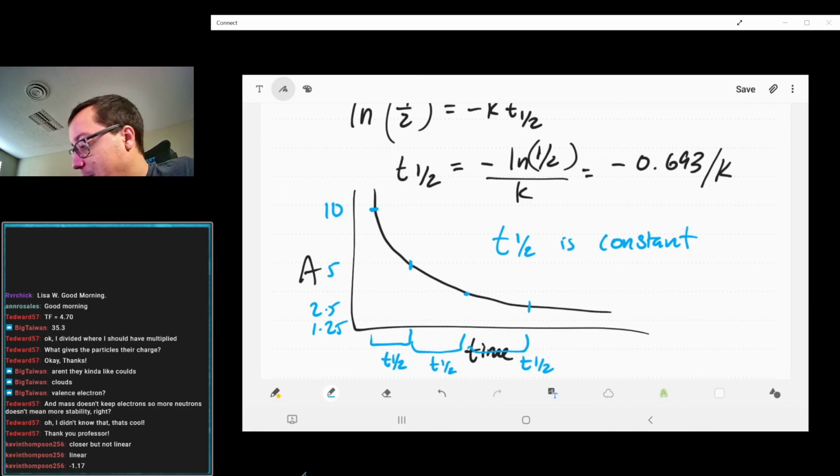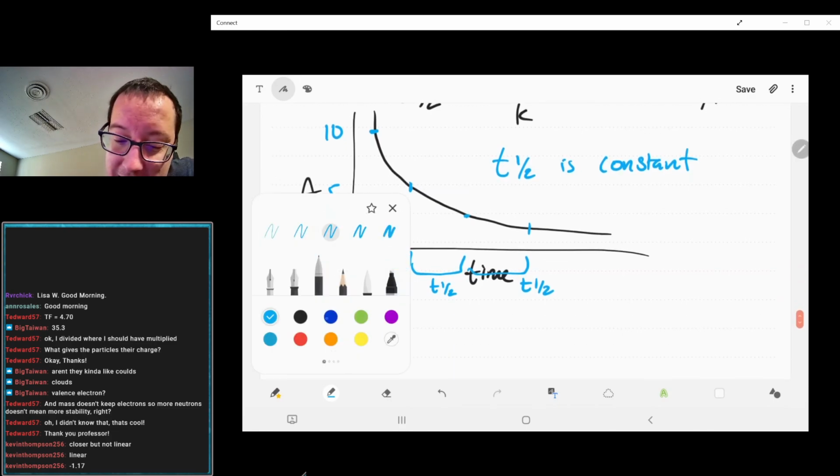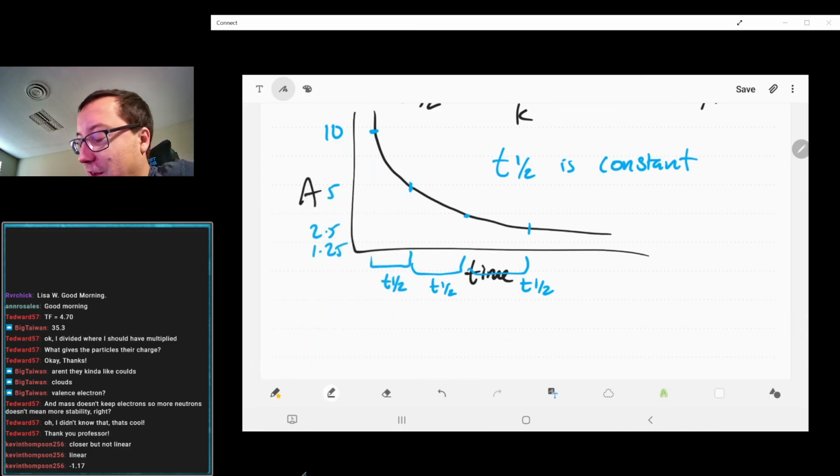For us, half-life is going to be purely a first-order process, not zero-order or second-order. Technically we could derive them from the zero-order or second-order integrated rate laws if we really wanted.